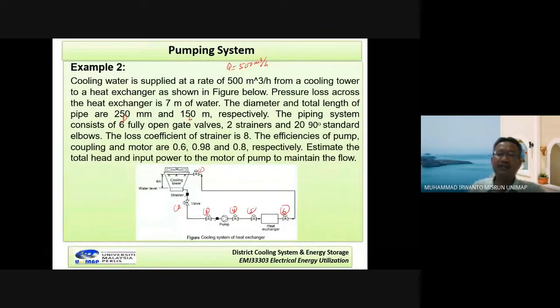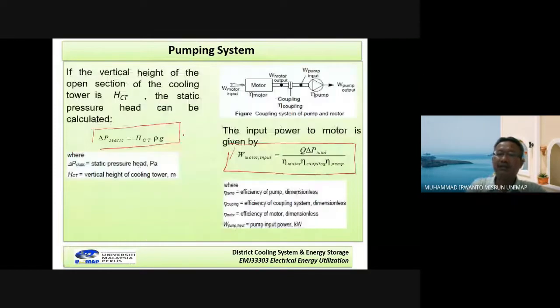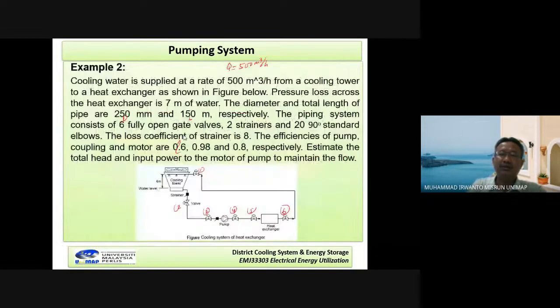Now this is the efficiency of the pump, this is the efficiency of the coupling, and this one is the efficiency of the motor. Because, who asked earlier? Haris?